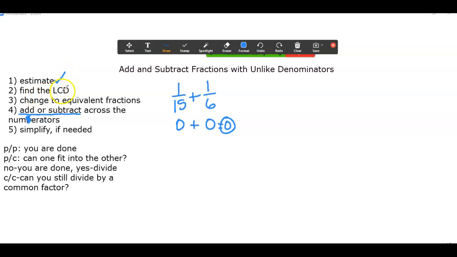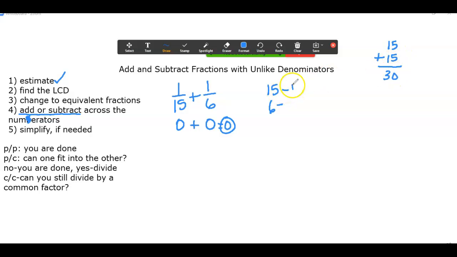Next step is to find my LCD. So I need my multiples of 15 and 6. Now, do you have your multiples of 15 on a multiplication chart? No, you don't. So what I would suggest is, some of you can do some of these mentally, but if you have to, write your multiples off to the side so you can find them, that's okay.